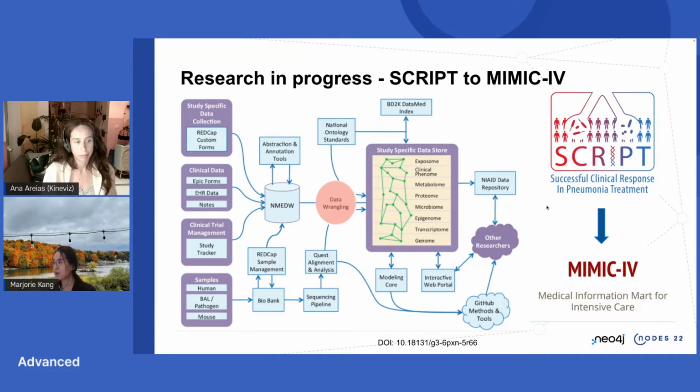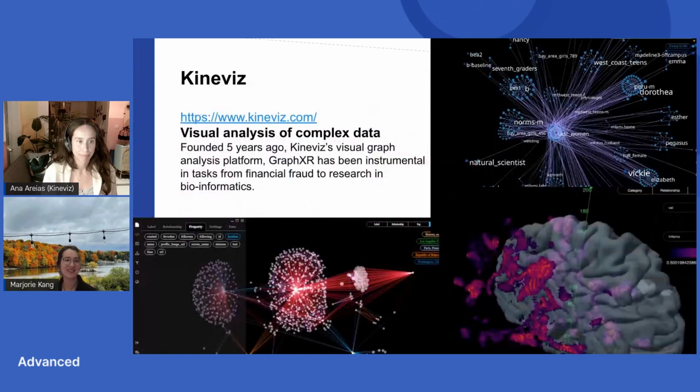We were hoping that we can use these MIMIC data sets as a training set and then bring back what we've learned to the SCRIPT study to help better assist clinical decisions. So I will pass on to Anna for more details.